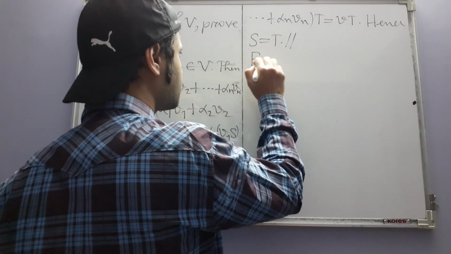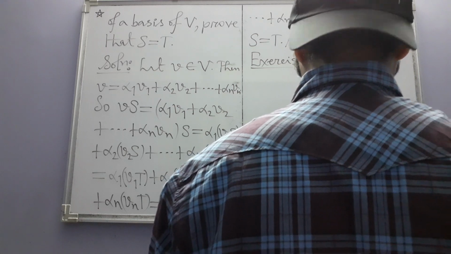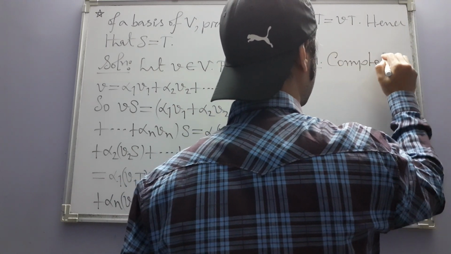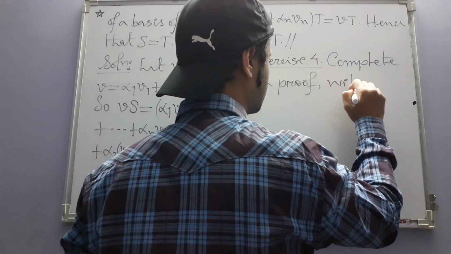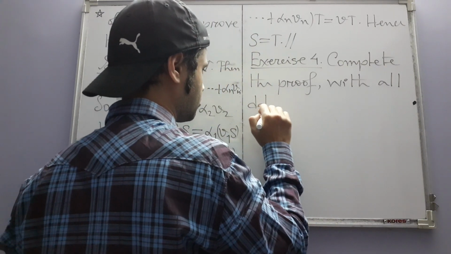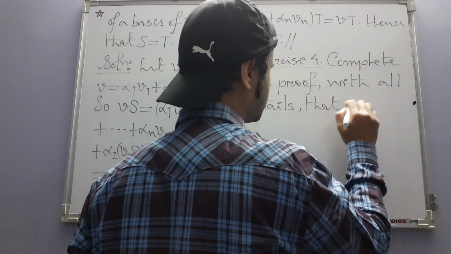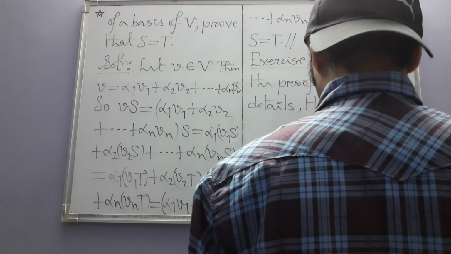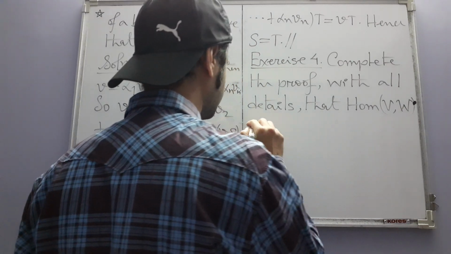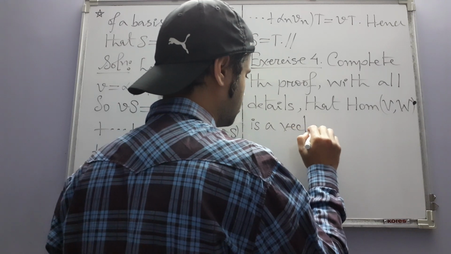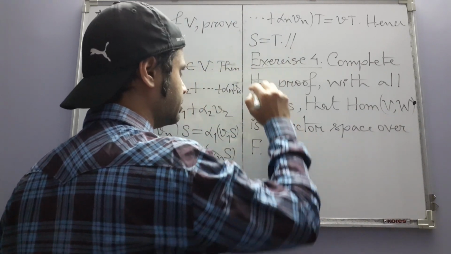Next, four: complete the proof with all details that Hom(V, W) is a vector space over F. We have already done this.